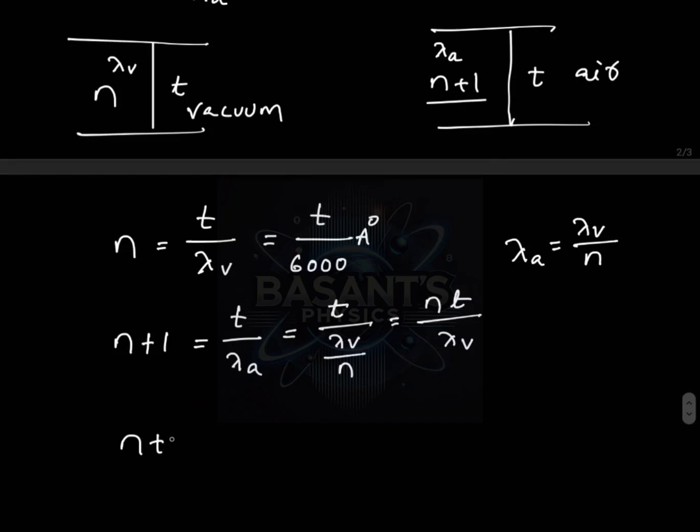So n+1 is equal to n, where n is equal to 1.0003, this is the refractive index of air, into T upon 6000 angstrom. Okay.